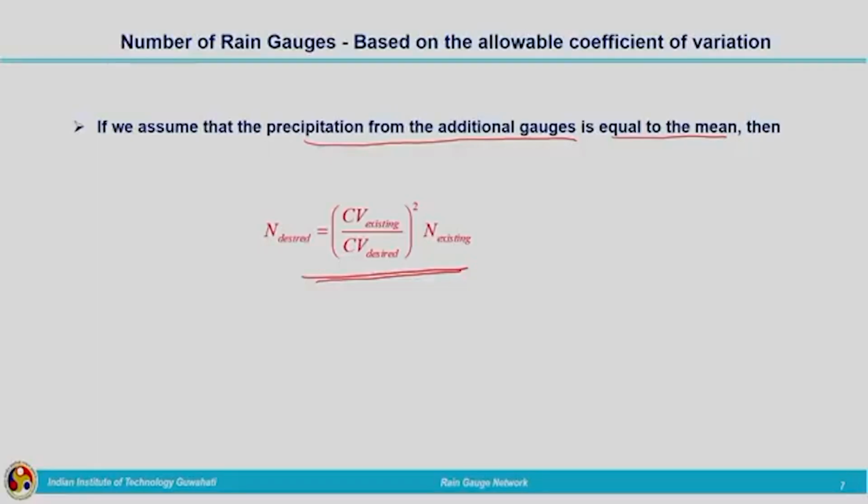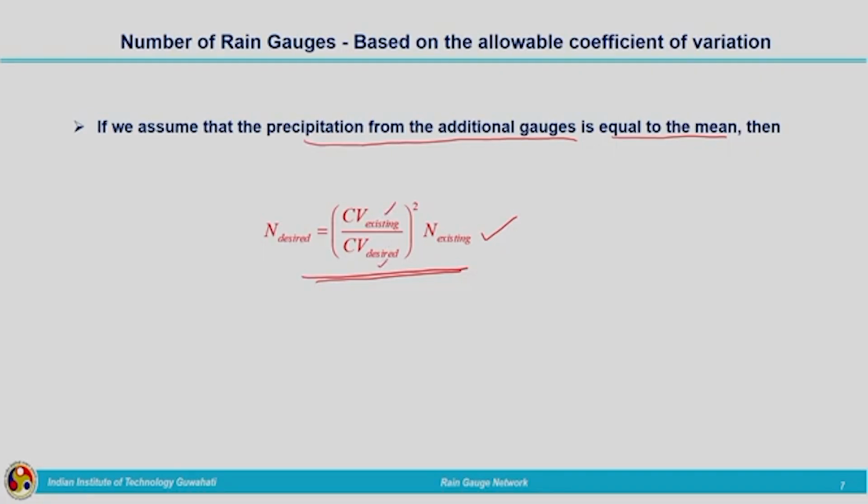Actually, the desired or required number of rain gauges in a particular area can be calculated. Once the required number of rain gauges is calculated, we can calculate the extra number of rain gauges required. So, the desired number of rain gauges can be calculated by using this formula: CV existing divided by CV desired, all squared, multiplied by N existing.